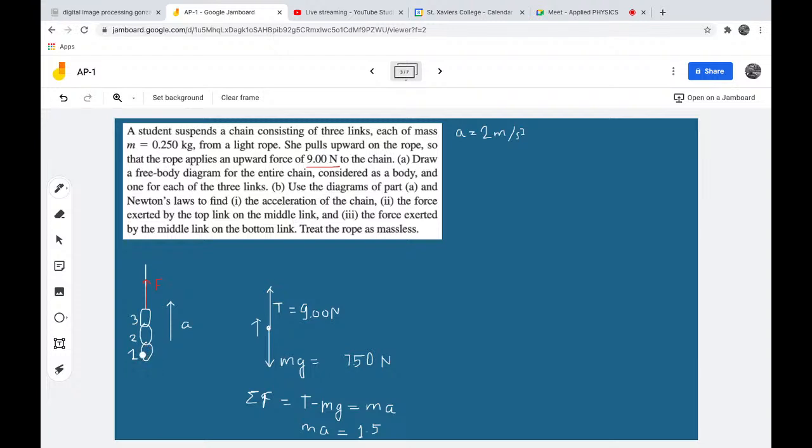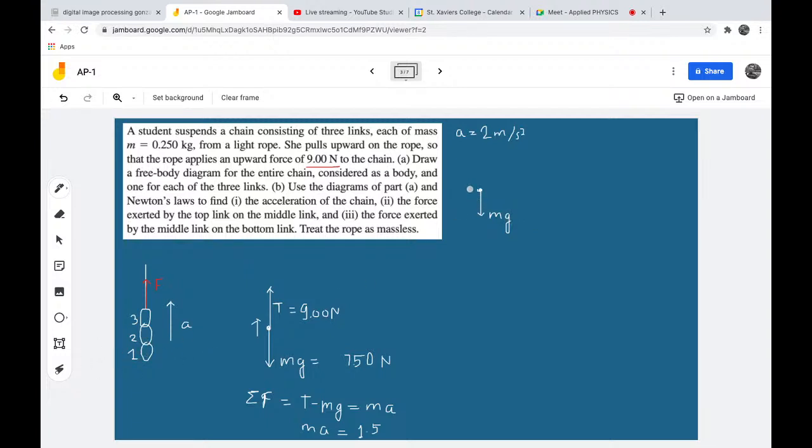So if I look at the lower link, in that case, lower link will be reduced to a point mass. Okay. Now, what are the forces acting on the lower link? So you will find that its weight mg will work in the downward direction. So m into g, that will work in the downward direction.